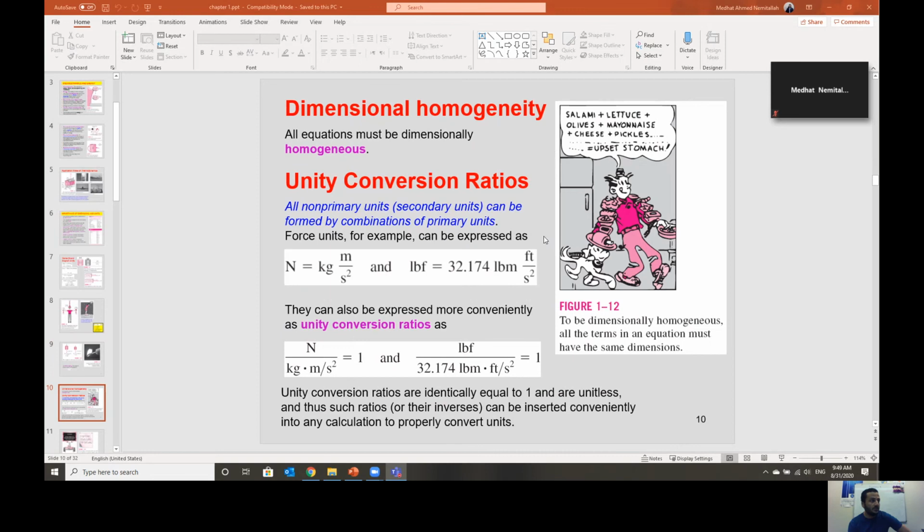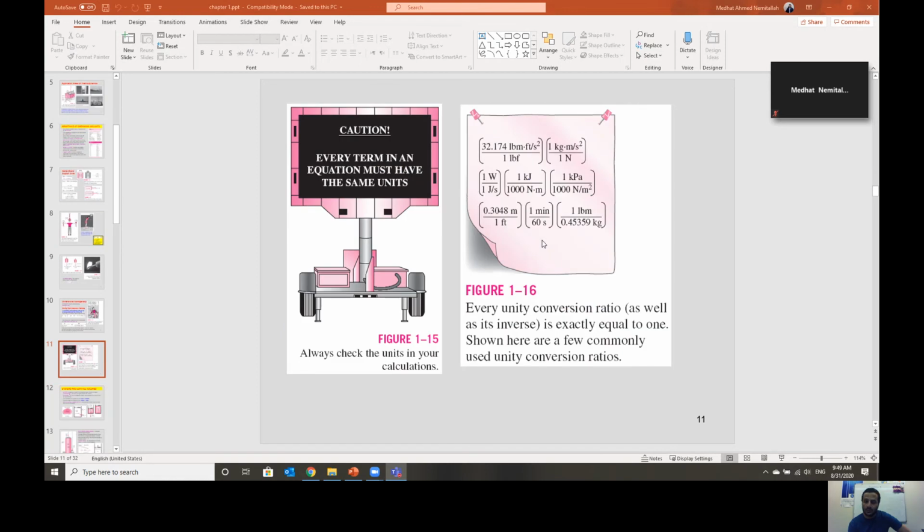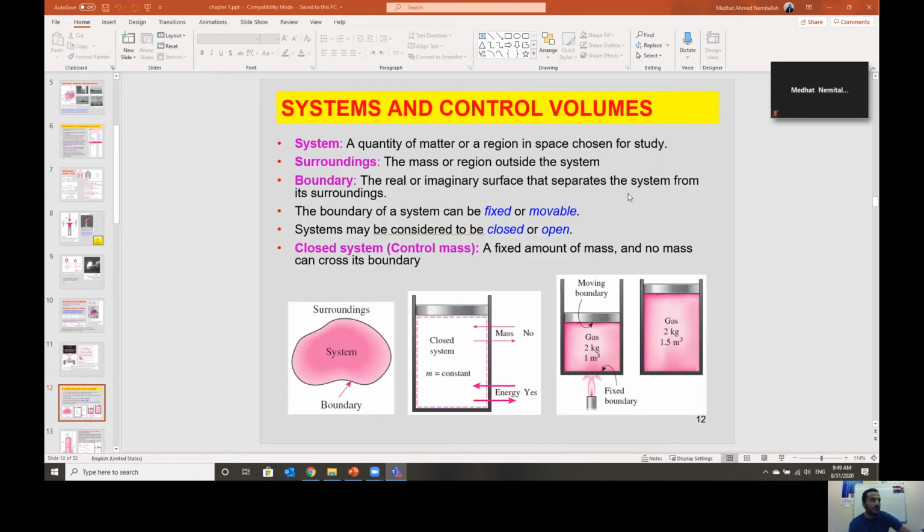We talked about dimensional homogeneity: if we have the equation A plus B equals C, every term in the equation should have the same unit. This is what is meant by dimensional homogeneity.